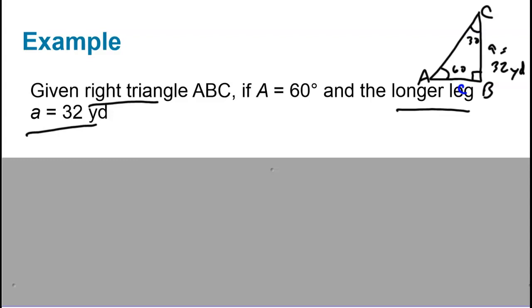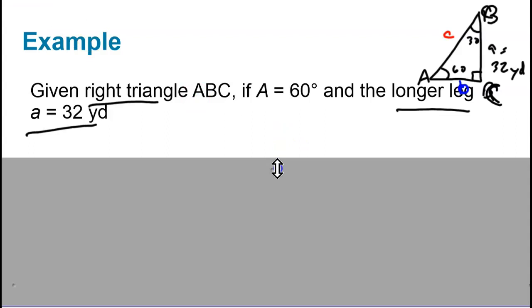Let's do this. I'm going to rename these again. Up here, A, B, C. So we're going to call this shorter B and the longer section and the hypotenuse C. So we need to find B and C. And so how do we do that?